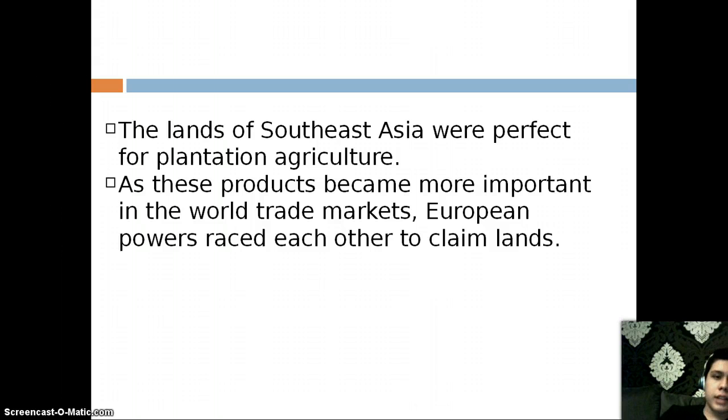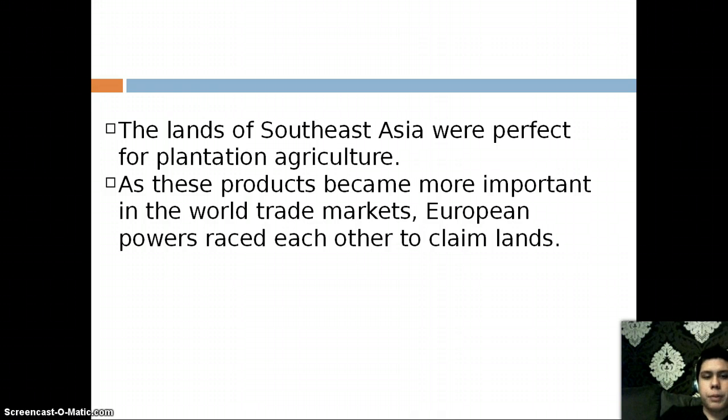The lands of Southeast Asia were perfect for plantation agriculture. These products became more important in the world trade markets because the lands of Southeast Asia are perfect for plantation agriculture.